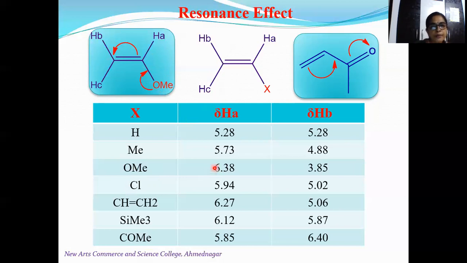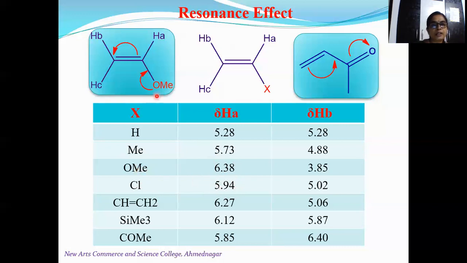Now compare the values of the HA proton when the substituent is methoxy and when the substituent is chlorine. When it is methoxy, the HA proton is at 6.38 and with chlorine it is 5.94. That is, if chlorine is the substituent, then the proton is slightly more shielded as compared to methoxy.